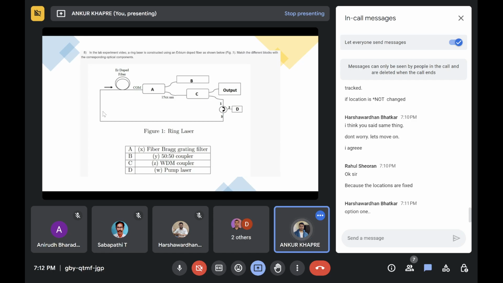Just tell me, what is the A component here? You can easily understand this one. What is option B? Is it a pump laser or a coupler or a filter?